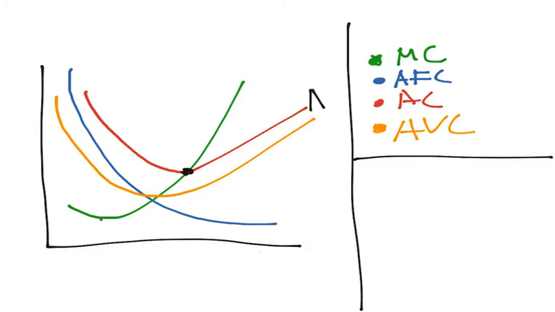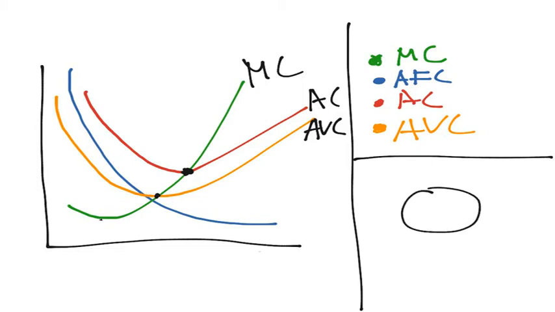Another thing I want you guys to take note of is that at the minimum point of the average cost curve and the average variable cost curve is where the marginal cost curve intersects the two curves. The reason is, like I explained last week in class: imagine we have a group of people, and the average age of the people is 20 years old.